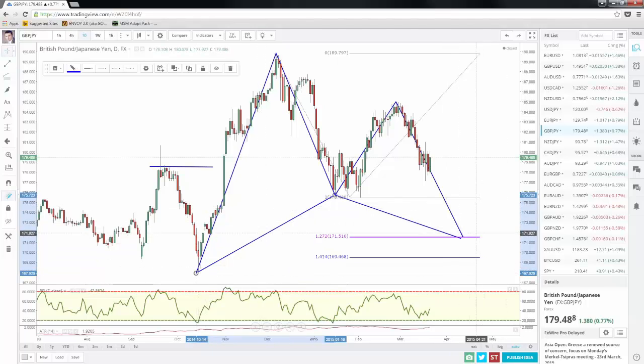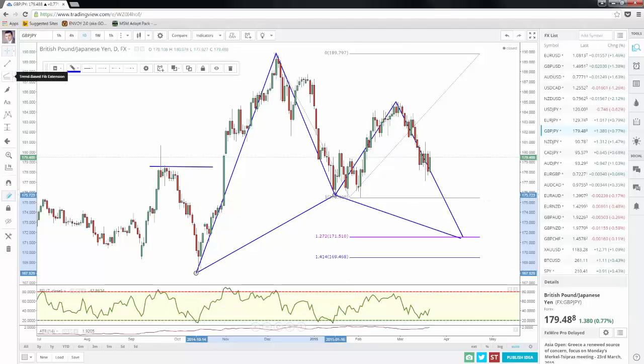Now, when this occurs, historically, we know that there is about a 70% chance that this market will rally to a 382 retracement before it breaks structure below 167.96, below X, or the start of the anchor leg.